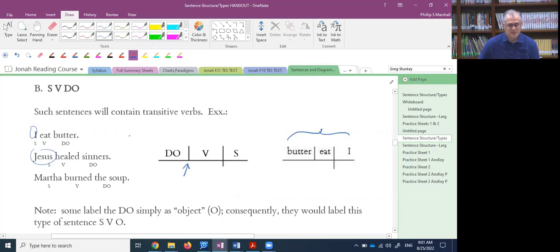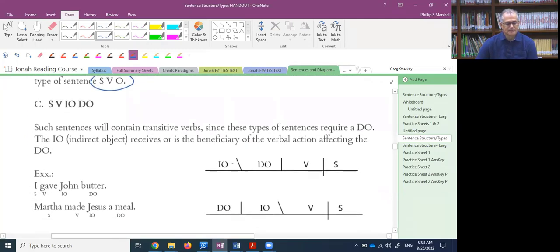So sentence types and sentence patterns, though, are talking about which letters we use. And so SVDO here is what I'm using. Some refer to these as SVO, where the word O just stands for object, and it's assumed that it's a direct object if it's this type of sentence. So be aware that you might see that sort of labeling also.